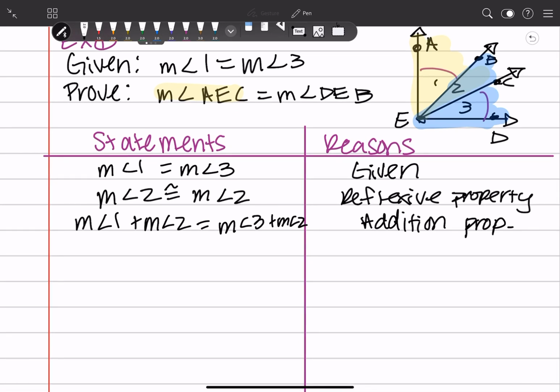All right, now that we've got our addition property and we know that angle 1 plus angle 2 is equal to angle 3 and angle 2, we've got it in terms of our numbers, but now we have to do it in terms of our letters. So we're going to have to state using our angle addition postulate, and I'm going to write this in a different color so you can see that it's going to be the reasoning for both.